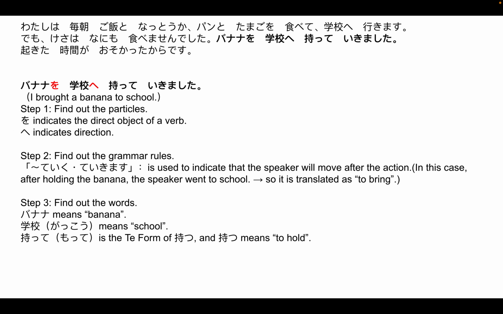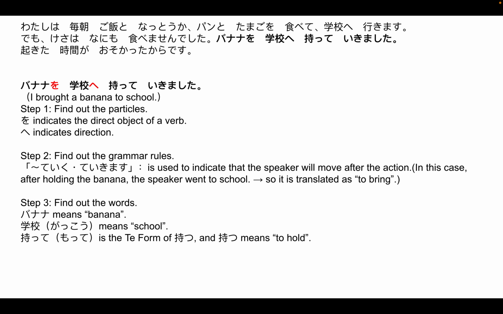バナナを学校へ持って行きました。I brought a banana to school. を indicates the direct object of a verb. へ indicates direction. て行く、て行きます is used to indicate that the speaker will move after the action.